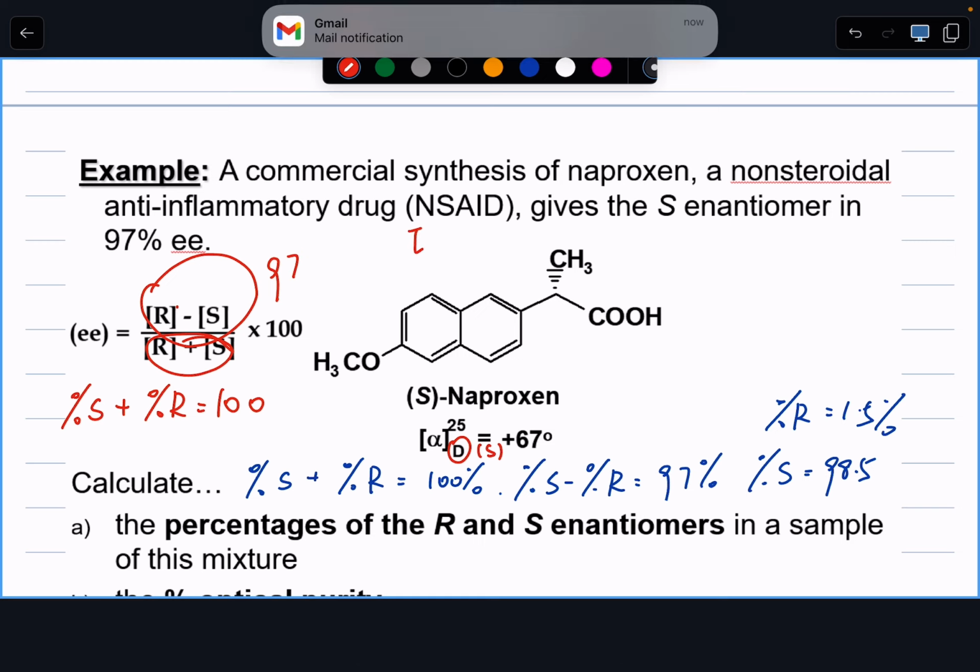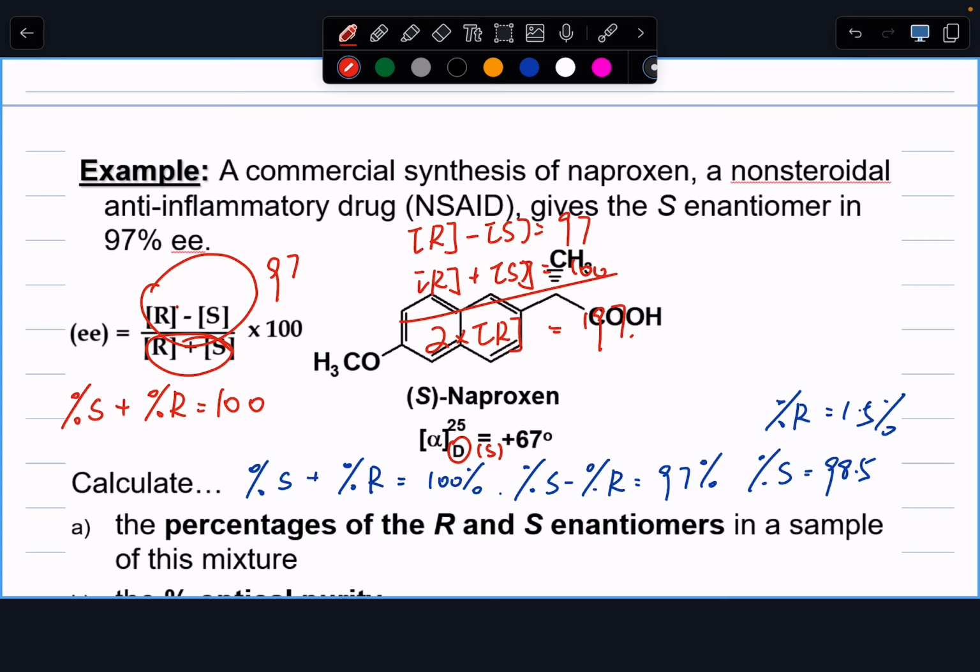So we know that S minus R equals 97, S plus R equals 100. If you add these two equations together, you get 2 times S equals 197, so my S must be 98.5. You plug that back into either equation and you get the percentage of R. Wait, I think I reversed it. Sorry for the confusion.